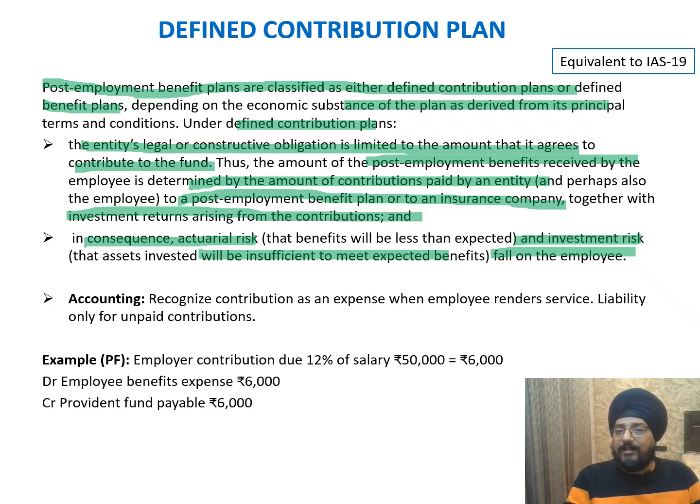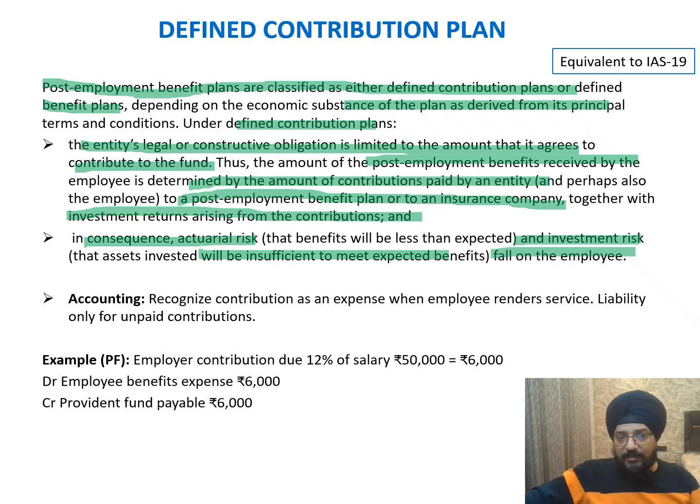A typical example: let's say a rate was 8% in some year as announced by the EPFO, but if that rate falls to 7.5% in some year, then it is not the obligation of the employer to pay that 0.5%. So this is a defined contribution plan in which the employer is only responsible to pay a particular fixed amount to the particular fund that has been organized.